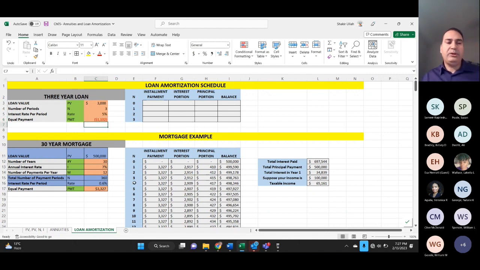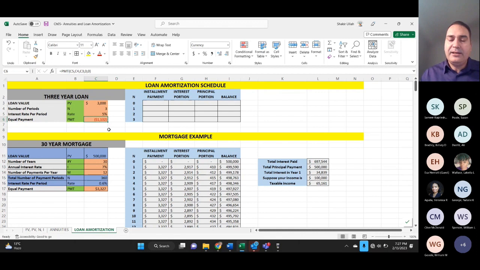Now, what you want to know in this case, particularly important, is how much of this payment, $1,102, goes to reduce your balance, in other words, to pay your principal, and how much of that goes towards interest expense.